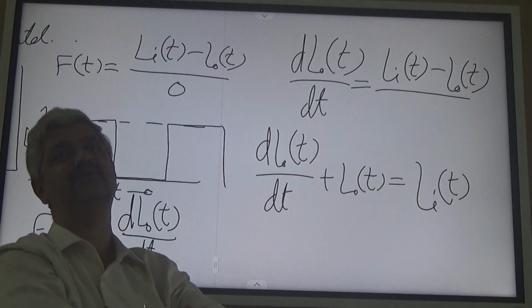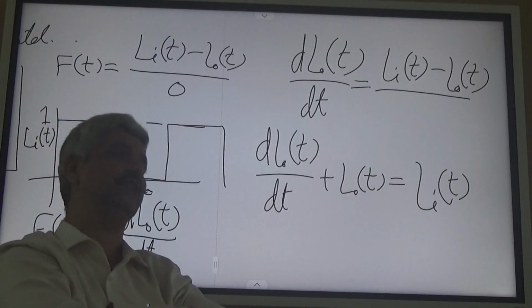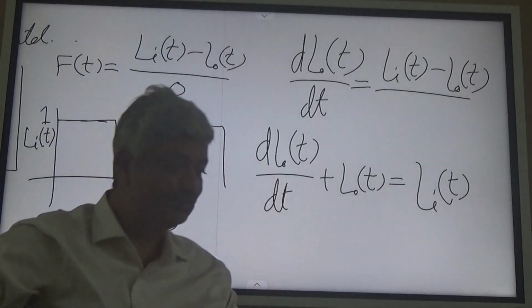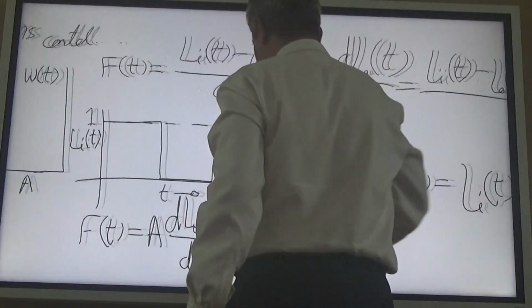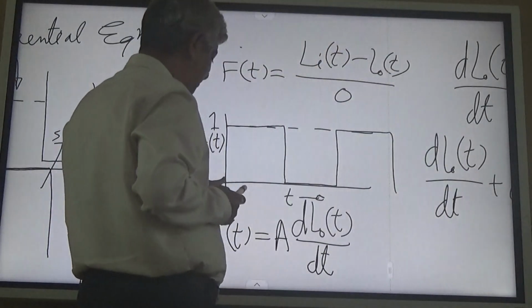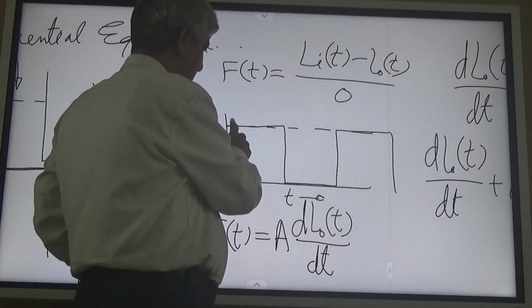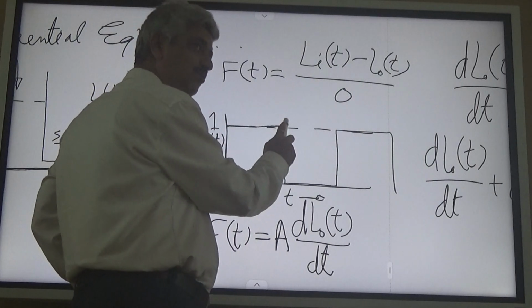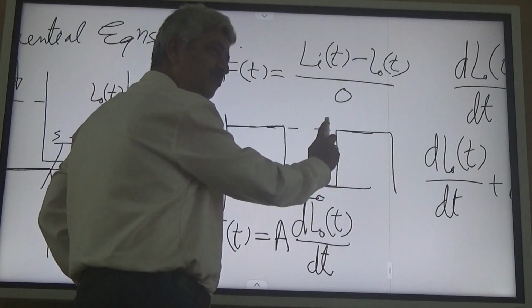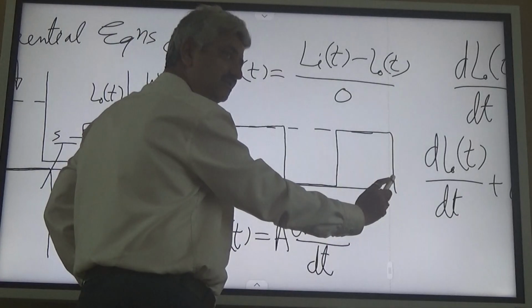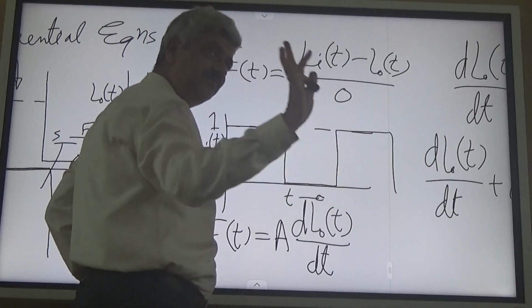So you think and try to tell me. Is the idea clear? So the input given is like this. At t equal to 0, the stopper is opened. The input is 1 for 30 seconds, then 0 for 30 seconds, 1 for 30 seconds, 0 for 30 seconds. Is it all right?